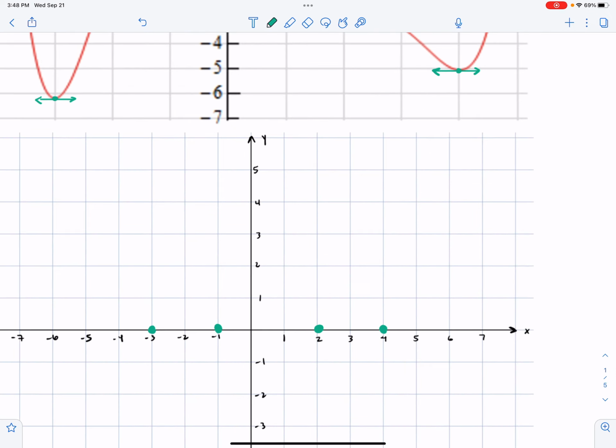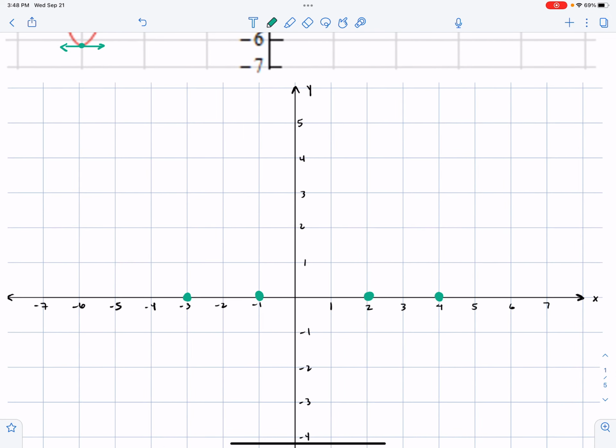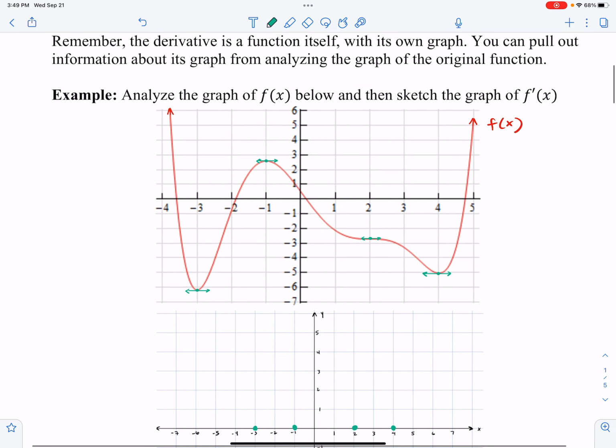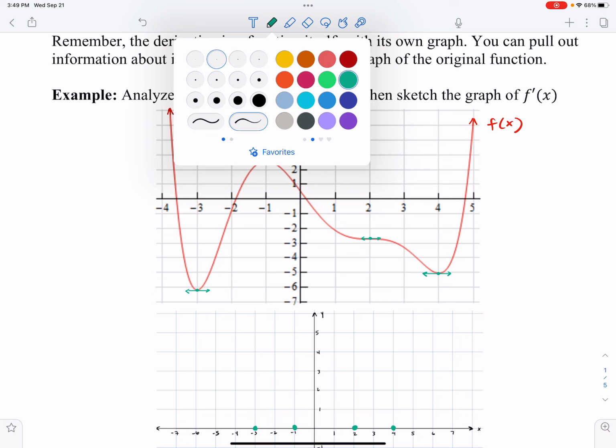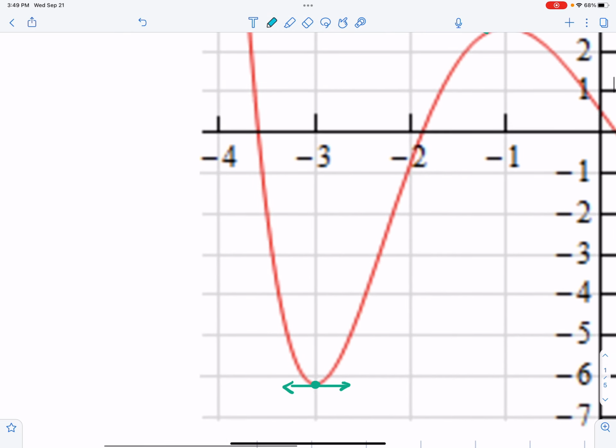And then to determine what happens to the left and right of each of those x-intercepts, I can read the graph from left to right. And next I can think, okay, so to the left of -3, if I were to draw a tangent line to a point, it would be negative sloping, right? All the points to the left of -3.